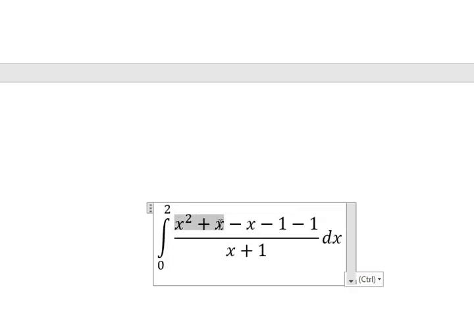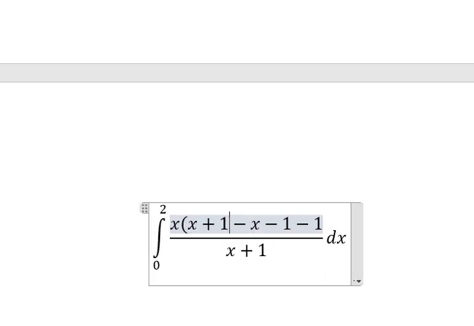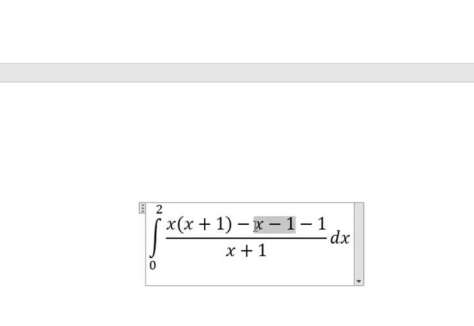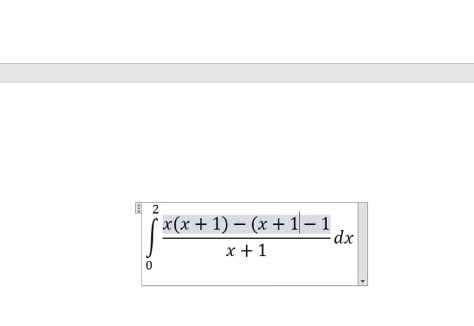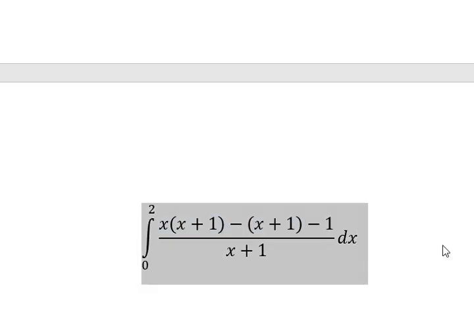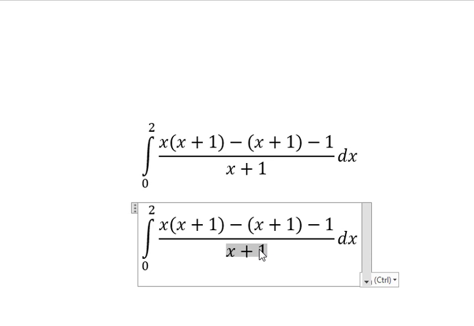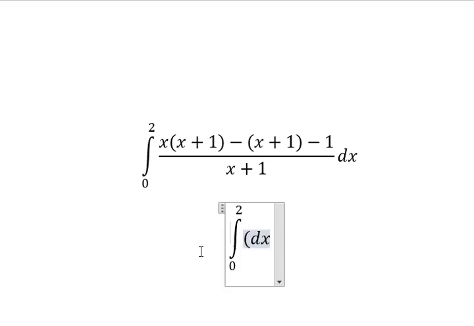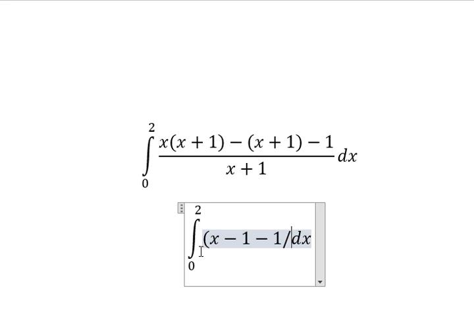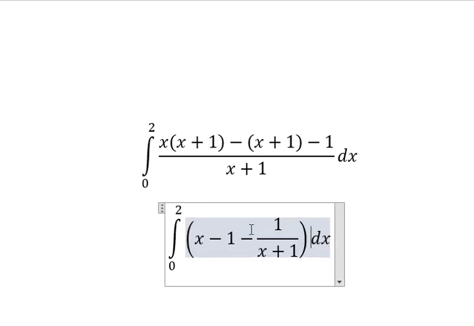So this one we can do factorization by s, this one by negative number 1. So this one divide by this one, and this one divide by this one. So we have s minus 1 over s plus 1.